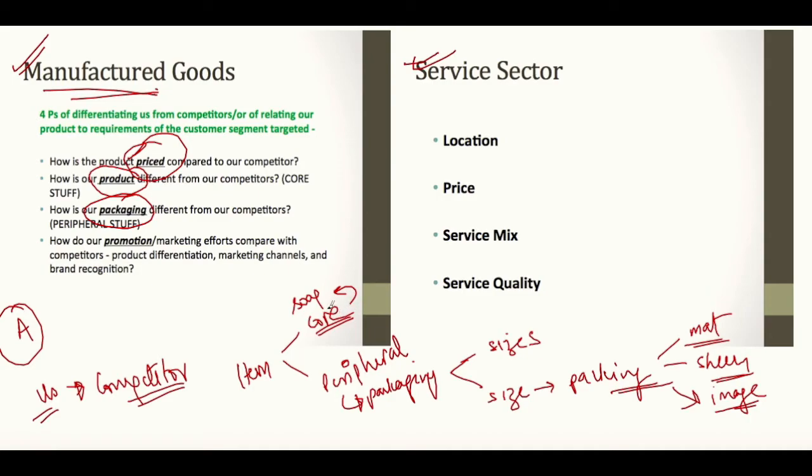Changes in the core component or the peripheral component could also drive a particular customer segment from one company to the other. In soap, maybe the lather component has changed, or the fragrance might have changed, stuff like that.